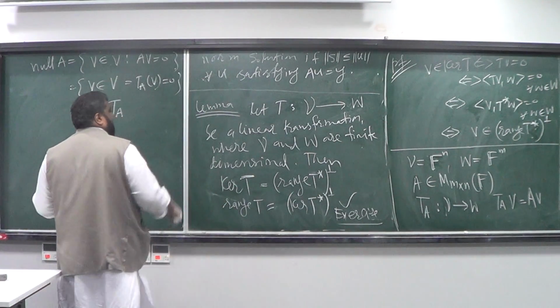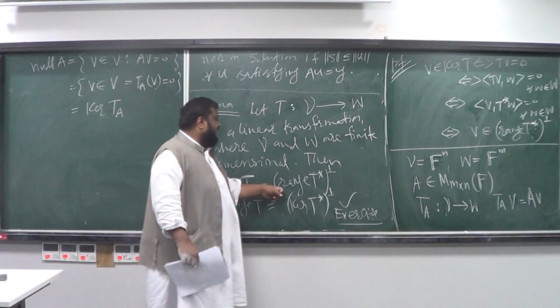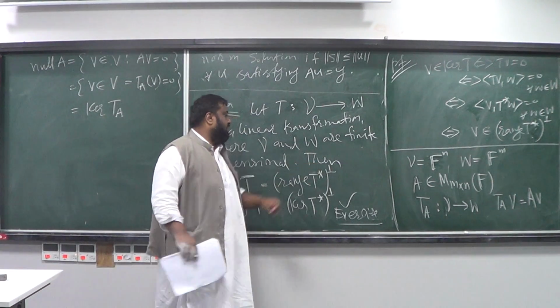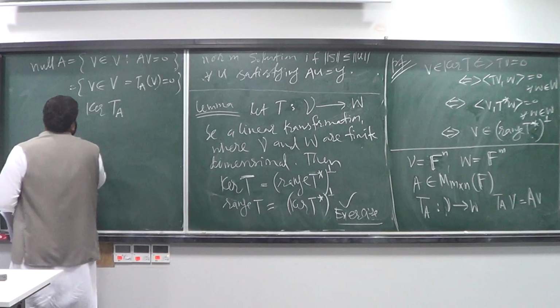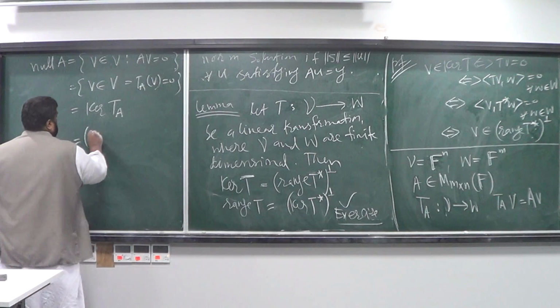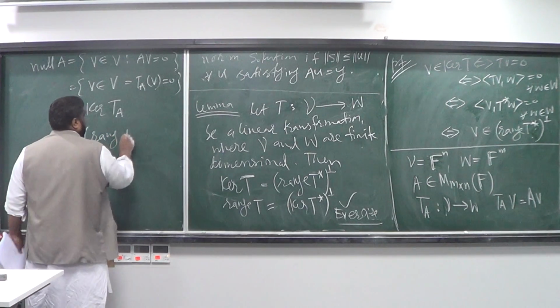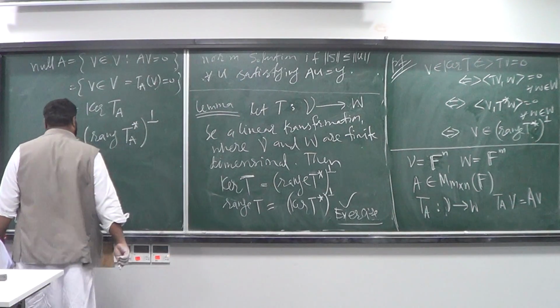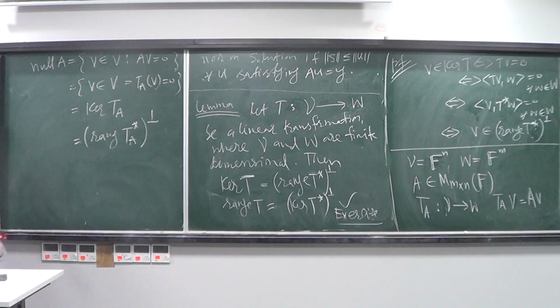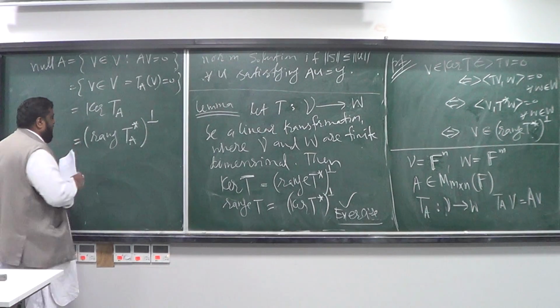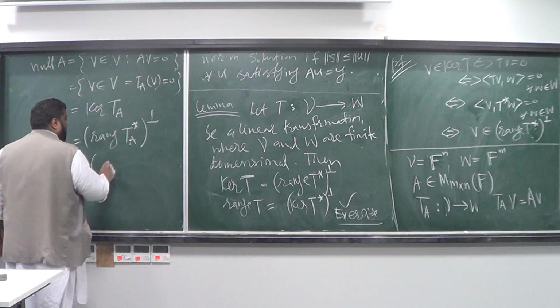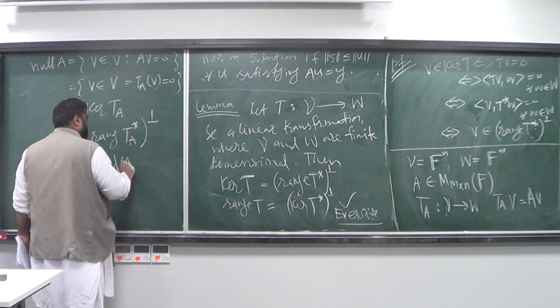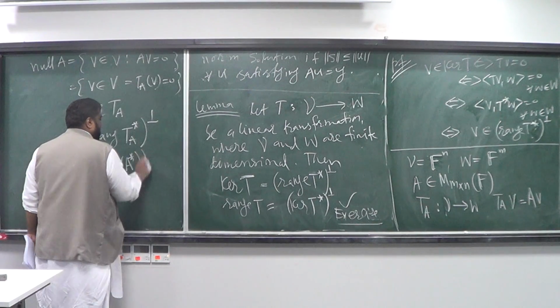But this result tells me that the kernel of T_A is the perp of the range of T_A star. So this is equal to the range of T_A star perp. But what is the range of T_A star actually? The range of T_A star is actually going to be the column space of A star.